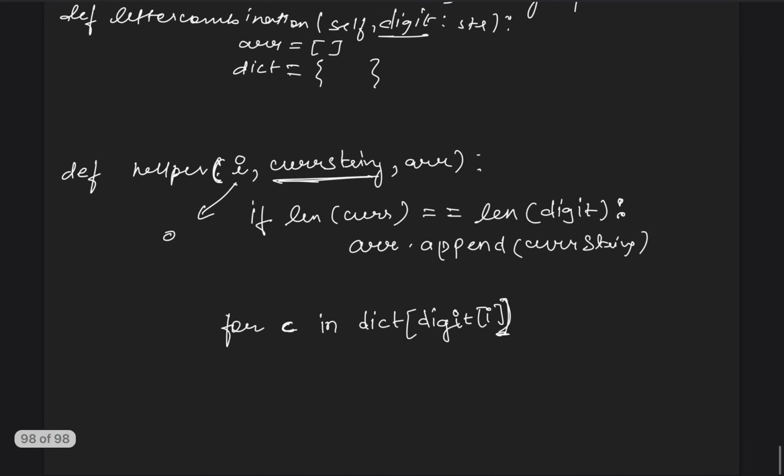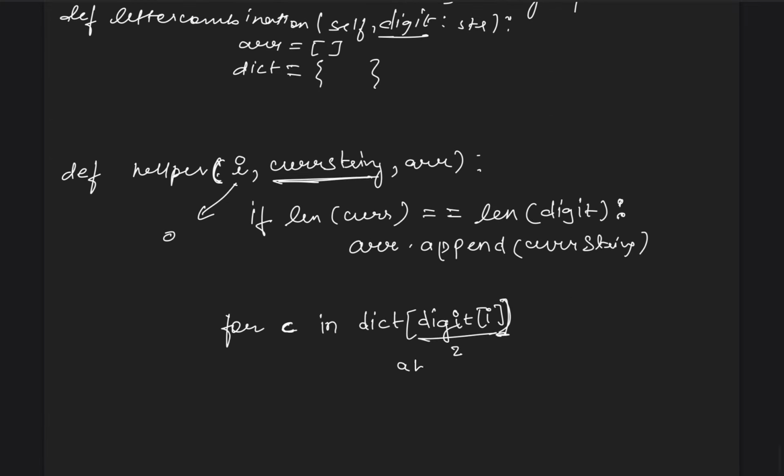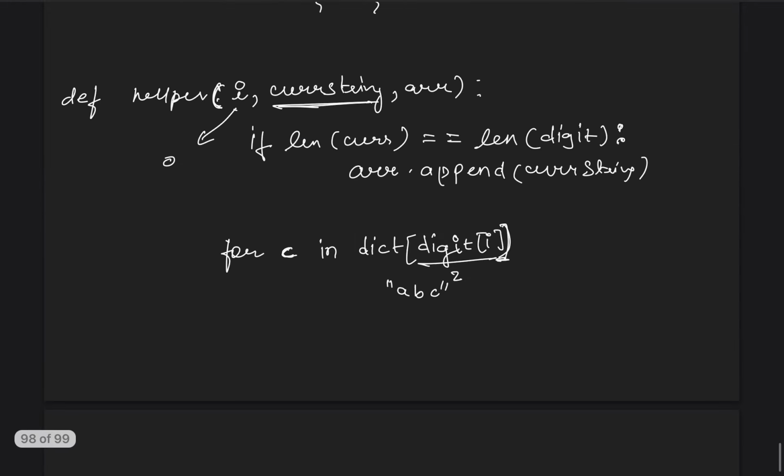All right, and dictionary of 2, which we know is A, B, C. So initially it will traverse through A, then B, then C. Then I will be again calling that helper function, the backtracking function. This time I'm going to increase this index by 1, and I will be appending the first element to that current string.